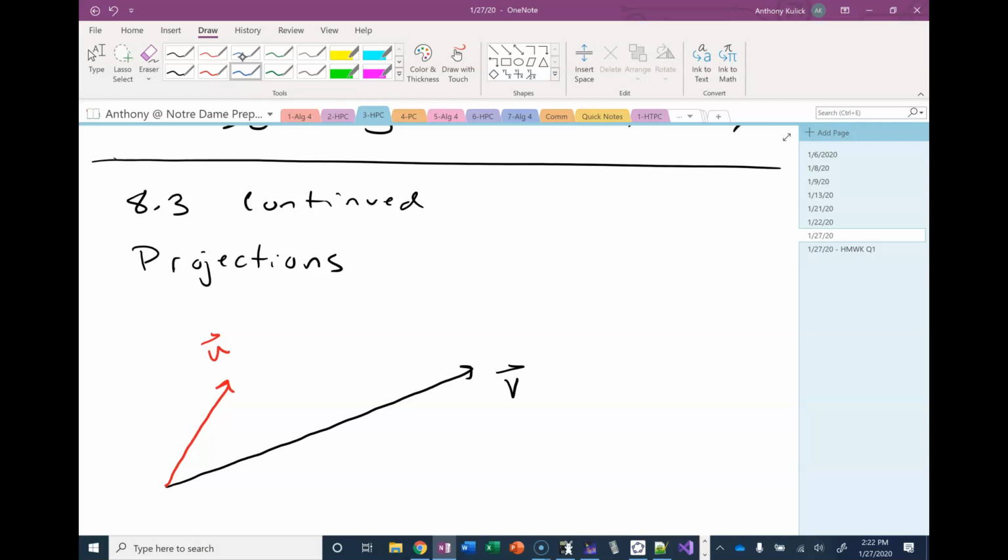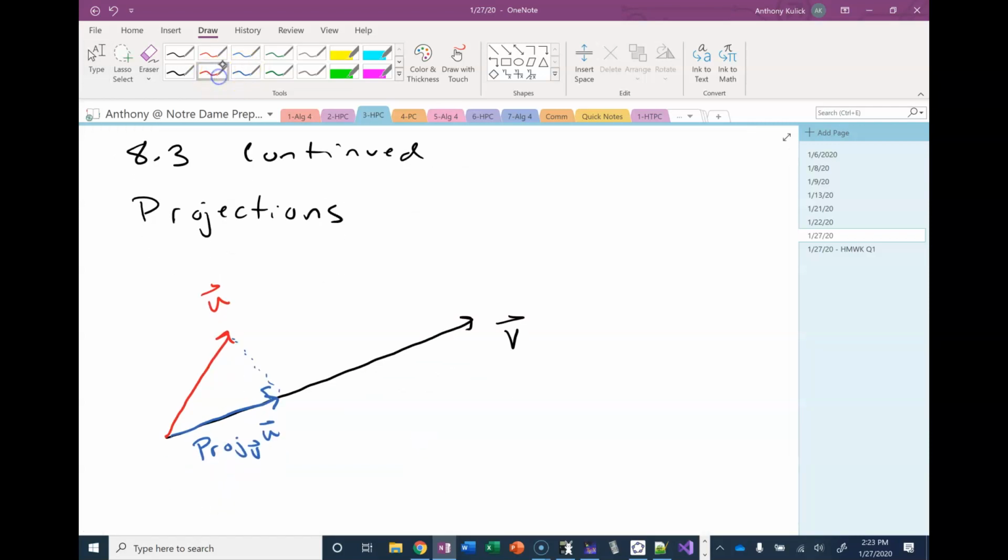I'd like to use another vector that's in the same direction as V. So what I'm going to do is project vector U onto vector V. So this vector here is called the projection of vector U onto vector V.